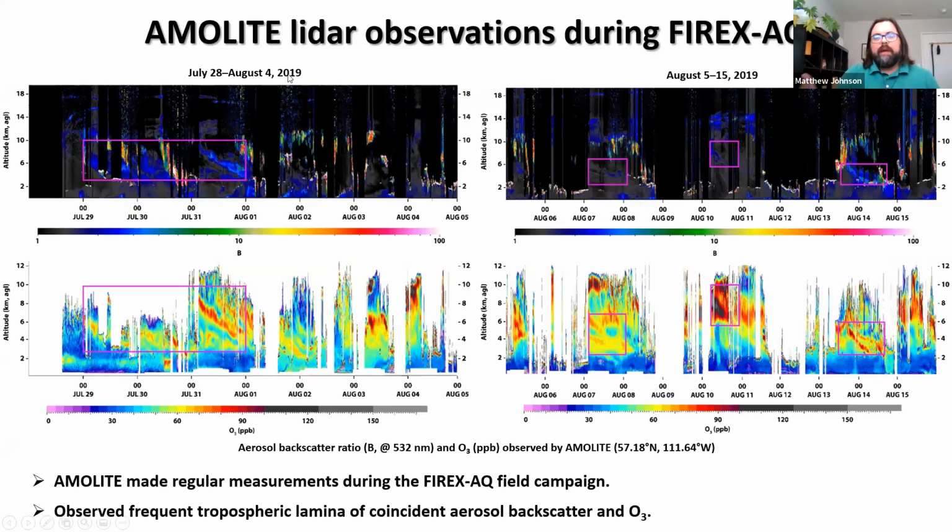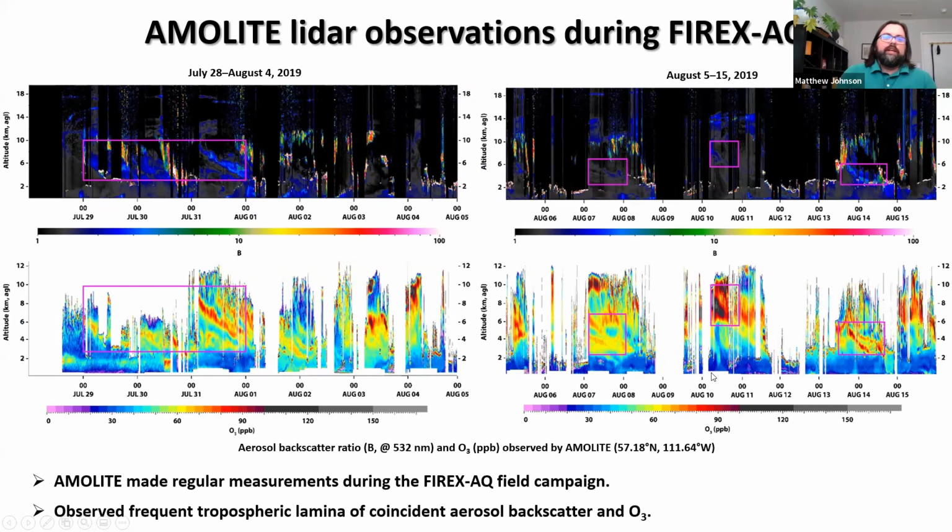The top panels show aerosol backscatter from AMOLite. The bottom portion shows the coincident ozone observations being made from the same LiDAR. I'm showing two different time periods where the LiDAR was observing a lot of this wildfire smoke: July 28th to August 4th on the left, and August 5th through the 15th on the right.